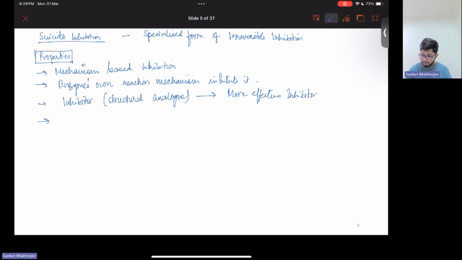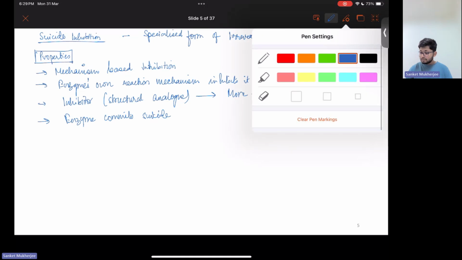And essentially what happens is that the enzyme commits suicide. Right? And we will see some examples to understand how this happens.